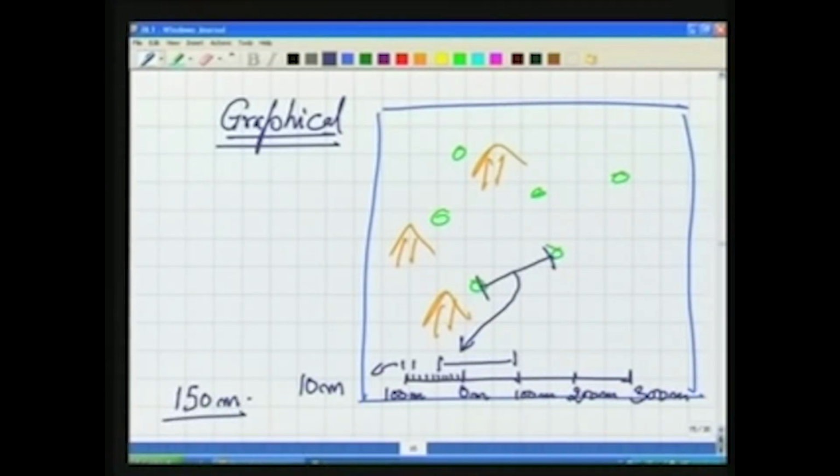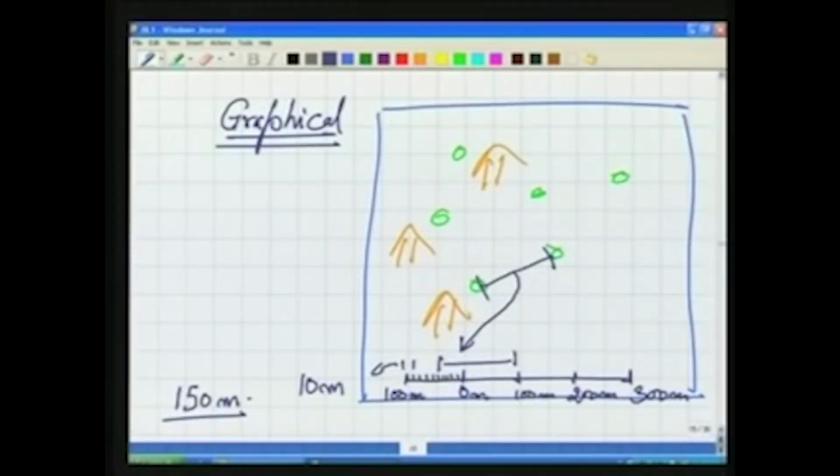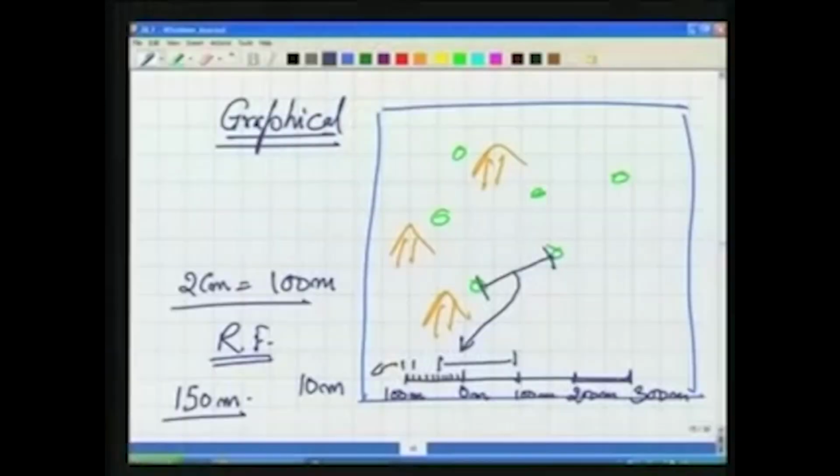So the graphical scale is nothing but a graphical way of showing your scale, because in this case this distance is 2 centimeter. So 2 centimeter is equal to 100 meter. We can write the corresponding engineer's scale and the corresponding RF also. The only difference is that we are showing the scale by drawing a line on the map itself.